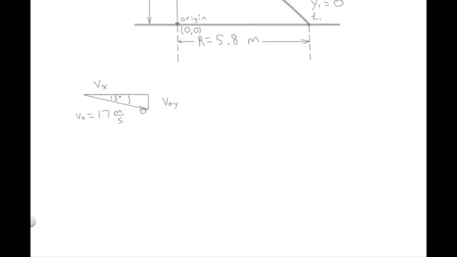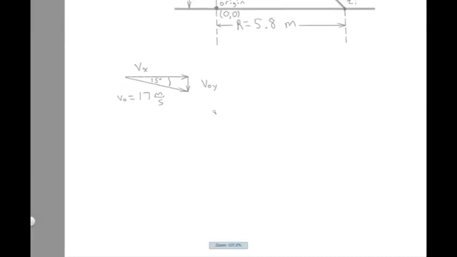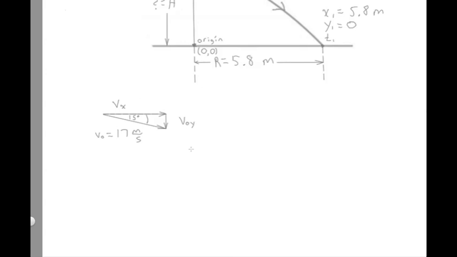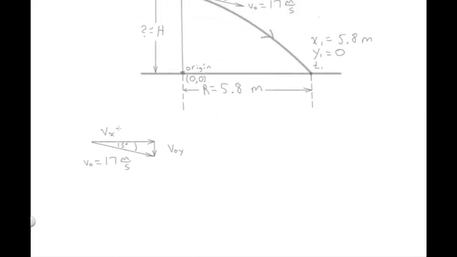Well, the overall vector is pointing down and to the right, and that means our components should be pointing down and to the right. Now, before we figure out the magnitudes of these components, let's follow the process that I talked about in the previous video and write down the signs on the components.